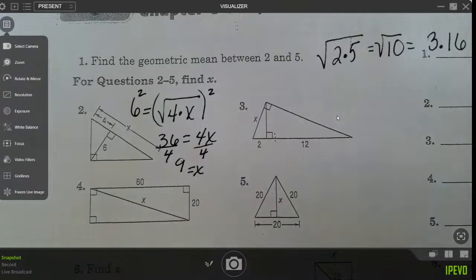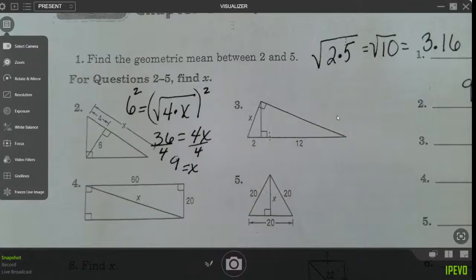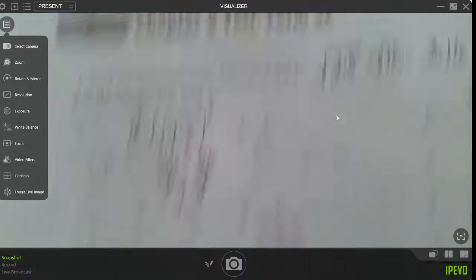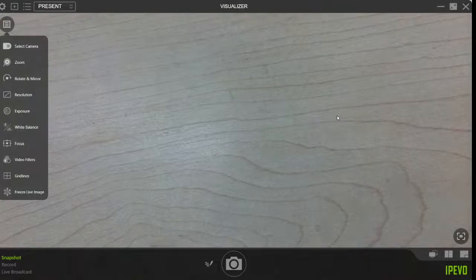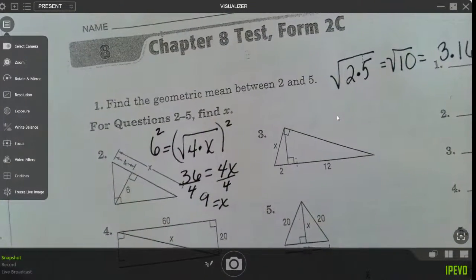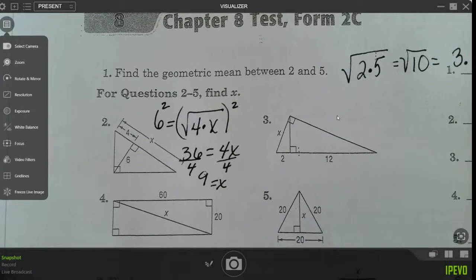So x is 9. So in number 2, x is 9. Right? Is that right? No, they have x is 13. What did we miss? 9 plus 4. That's right.